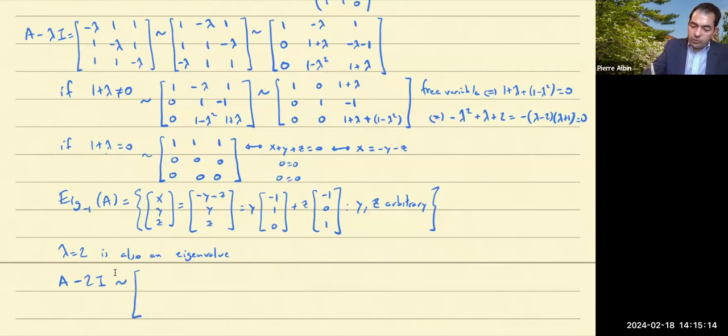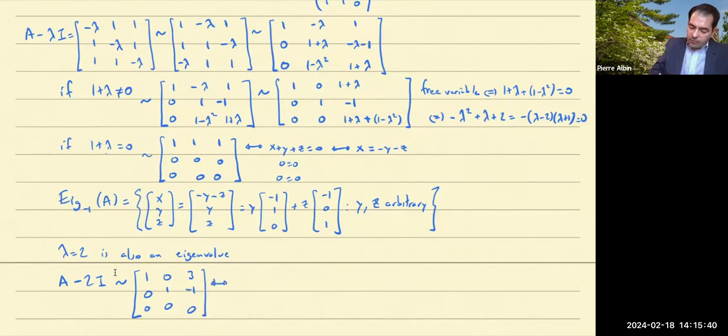It has its reduced row echelon form. Again, I don't need to do all of my computations from 0. I can just come to here where that showed up. And in this matrix, put in lambda equal to 2, right? Notice that I don't have to bother writing it in here because I know that that's going to be 0. So if I just plug in lambda equal to 2, I end up with this reduced row echelon form.